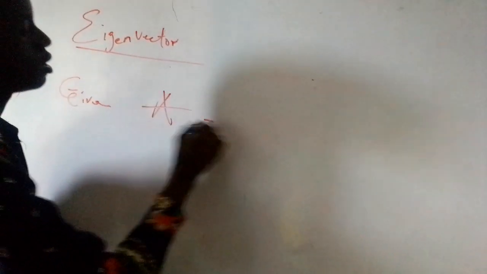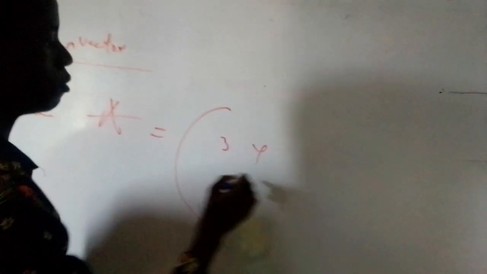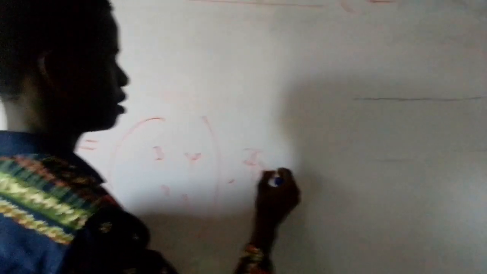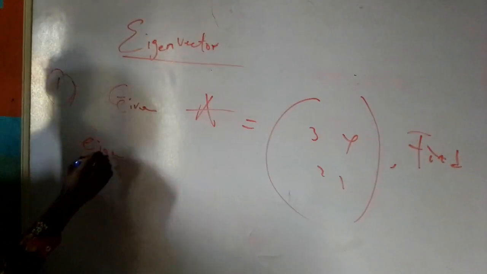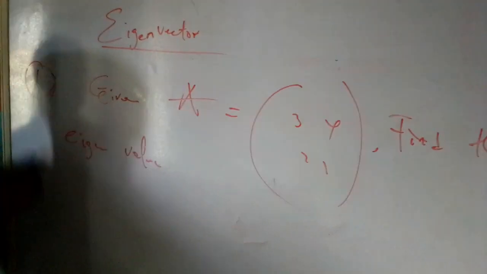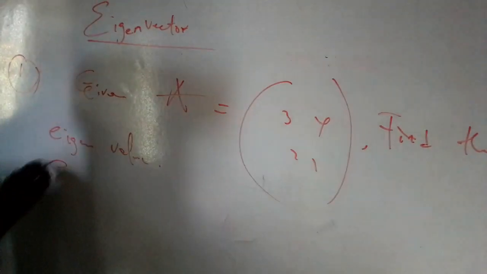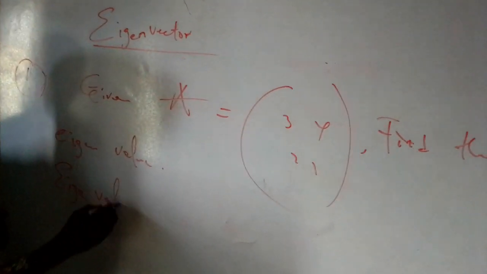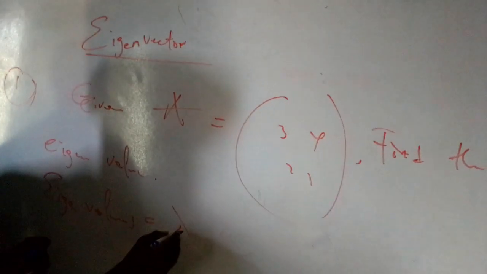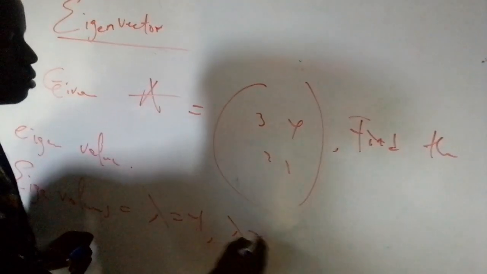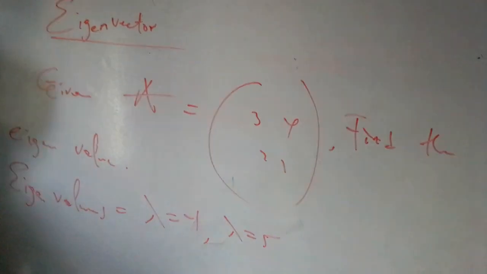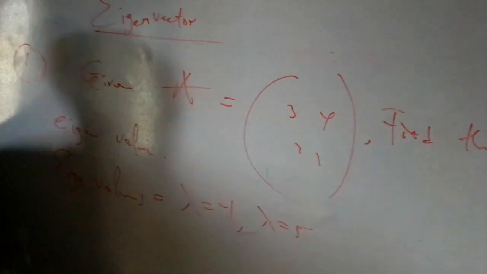Remember that the question was: given that A equals [3, 4; 2, 1], find the eigenvalues. The eigenvalues were lambda equals -1 and lambda equals 5. These are the eigenvalues for this matrix.